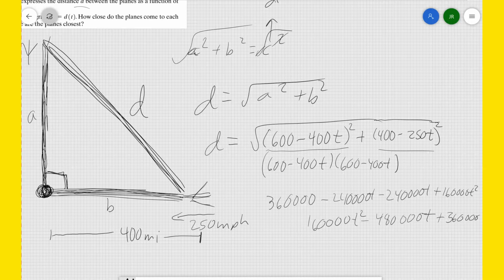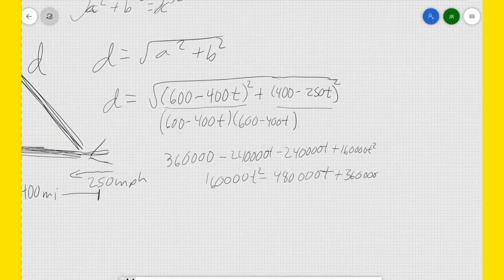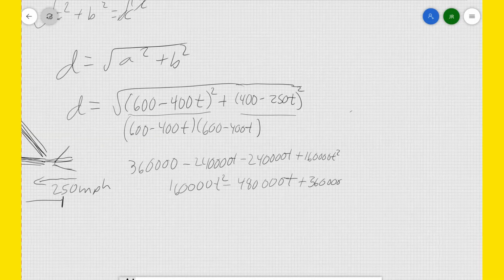Let me foil this out now. 400 minus 250t times 400 minus 250t.